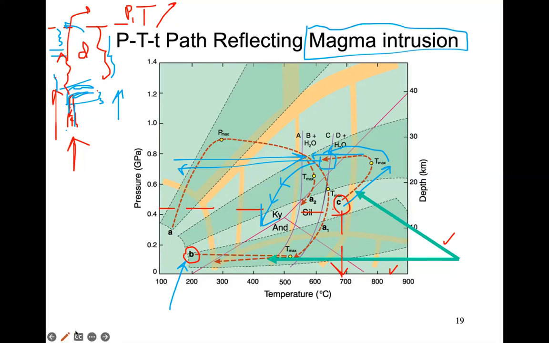And this magma intrusion has made the temperature increase. And apparently the batches of magma did not exert huge pressure on the rock.